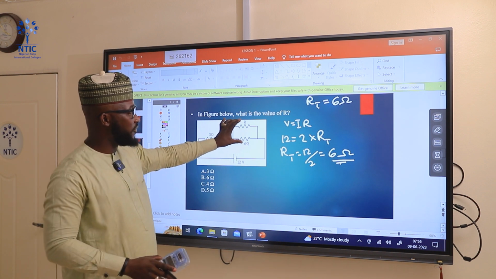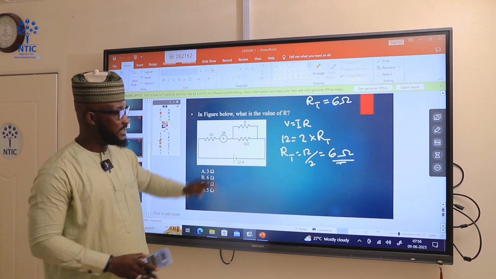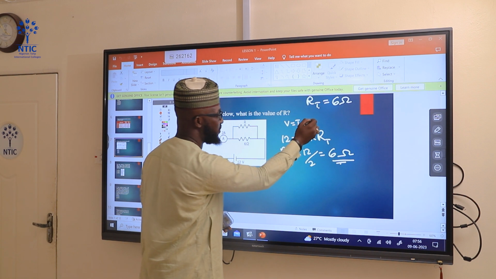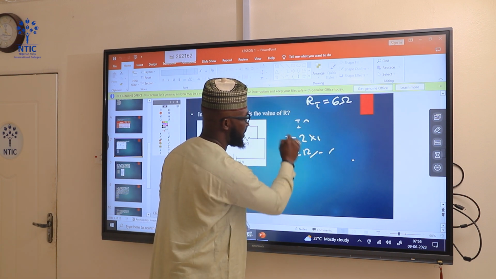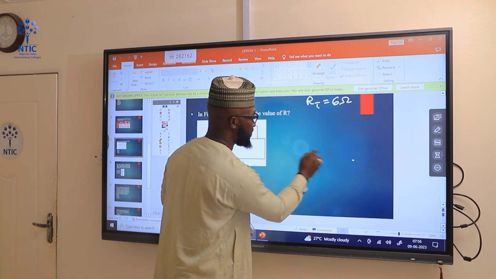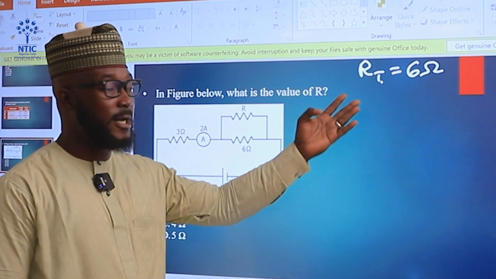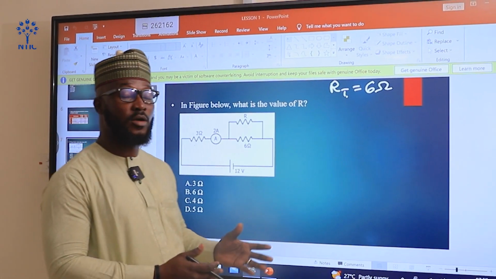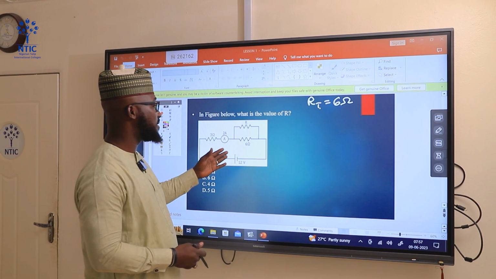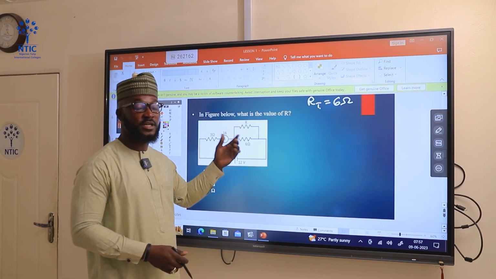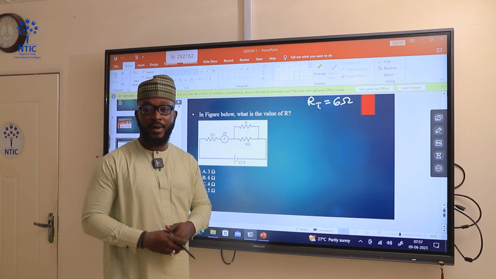Here we need to look for the equivalent resistance in this case. After looking for the total resistance, which is 6 ohms, we are going to move on to talk about the resistors arranged in both series and in parallel.